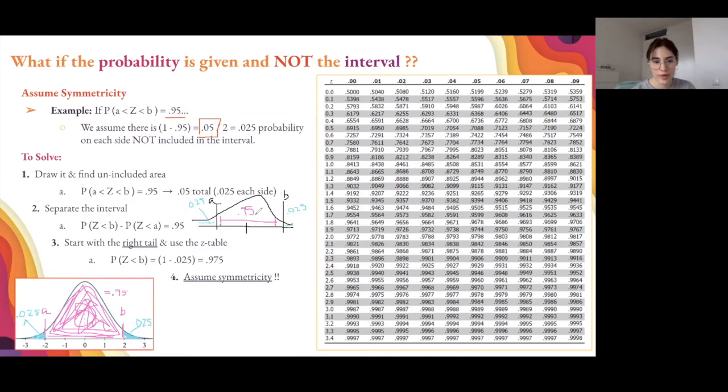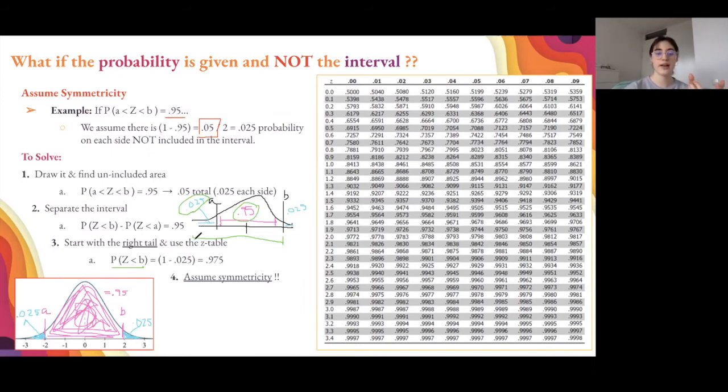So we know that. Now we're trying to find the probability that Z is less than B, and what does that probability equal? If we have the probability that Z is less than B, we're talking about anything to the left of B. That includes both this 0.95 and this 0.025 that was technically not included in the interval.